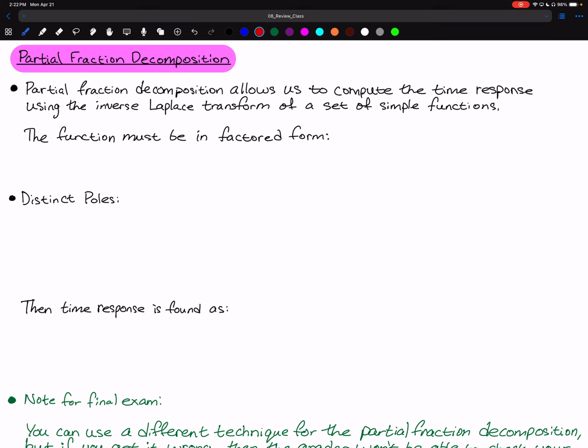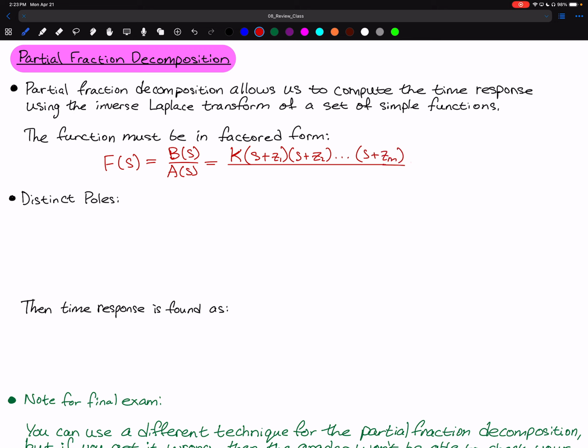In order to do this, we must have the function in factored form, where F of s is equal to some fraction B of s divided by A of s, equal to the gain K in the front times s plus z1, that's our first zero, times s plus z2, second zero, dot, dot, dot, all of that multiplied by s plus zm, where that's the mth zero.